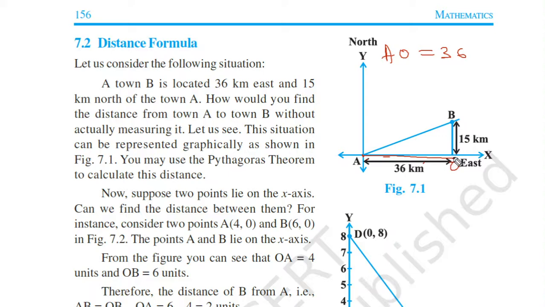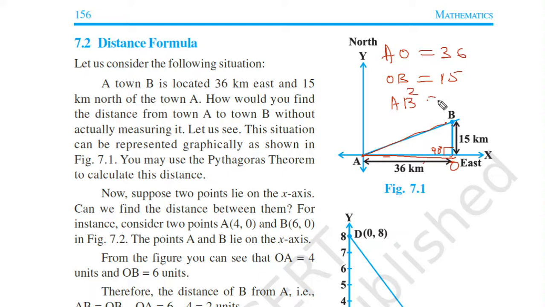Now you move from O to B, that is towards north, and the angle you get here is 90 degrees. So OB is equal to 15 kilometers. Now you need the distance AB. You know triangle ABO is a right angle triangle.